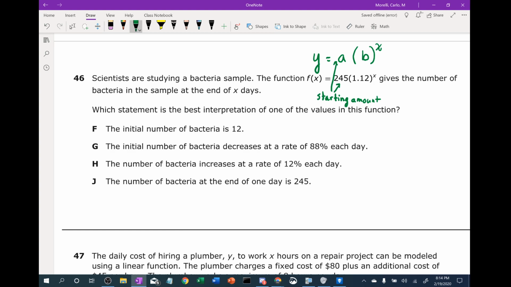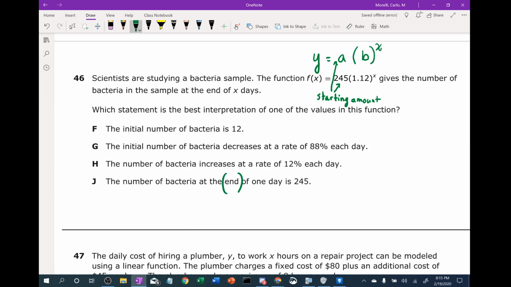Letter choice J talks about 245. What does it say here? Is that true or false? Well, you could think of it like this.